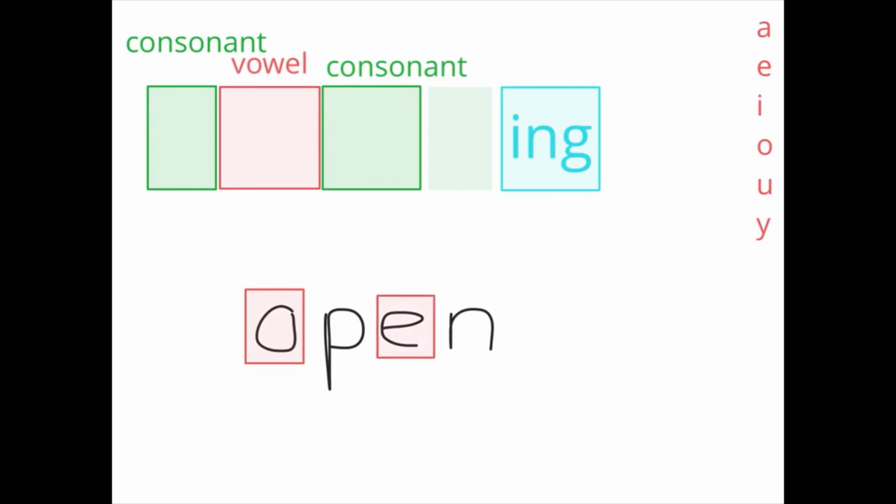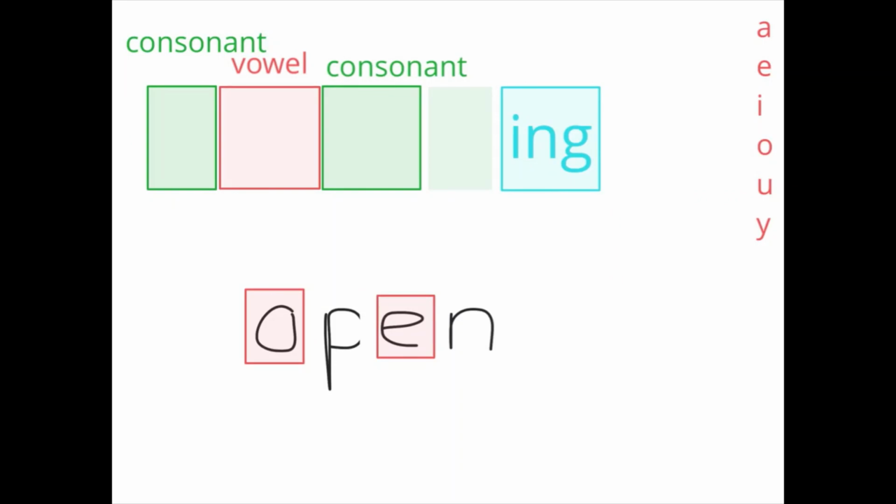We have to decide, do we divide the syllables here, or do we divide the syllable here? So we need to think about that first vowel. What sound is it making? Does this say open or open?